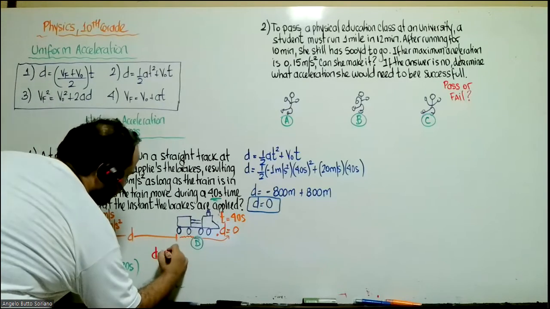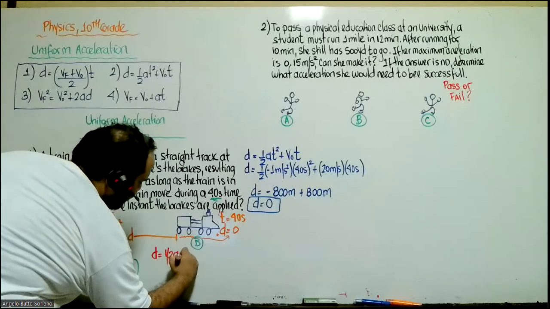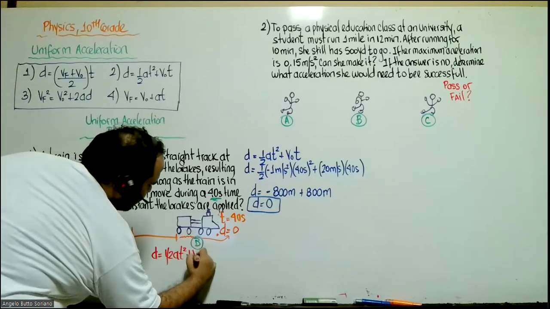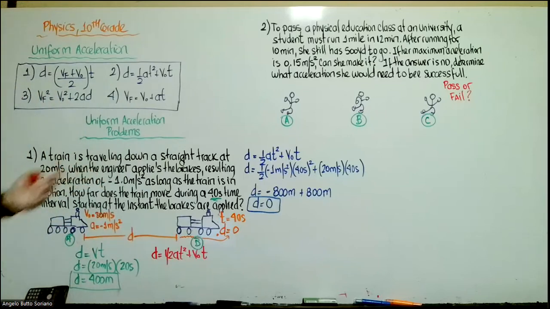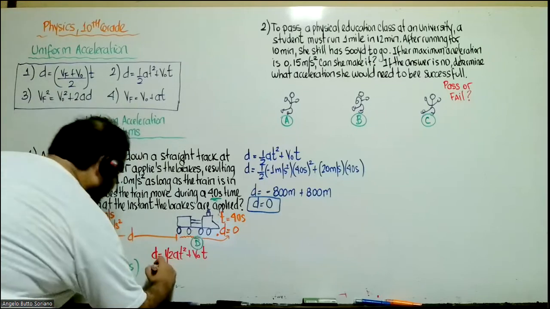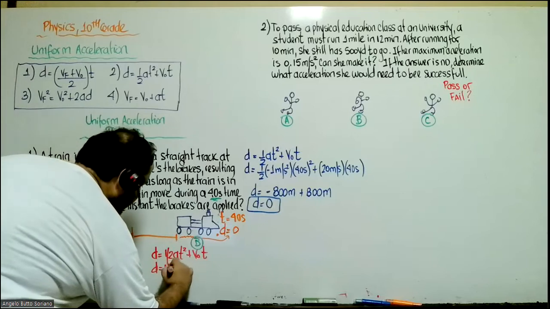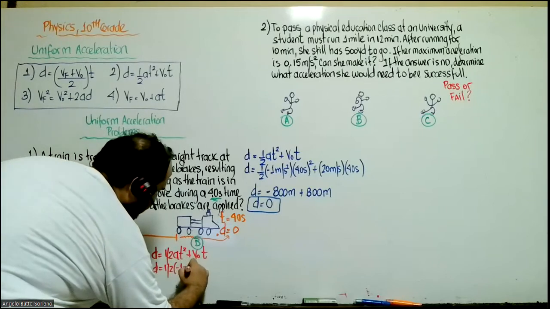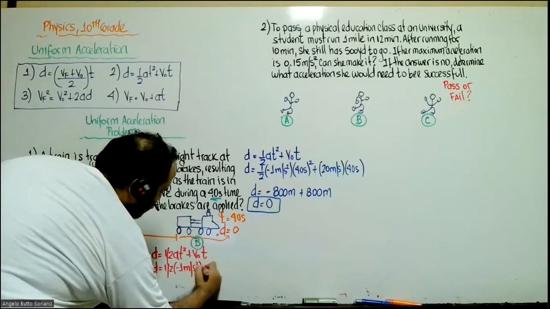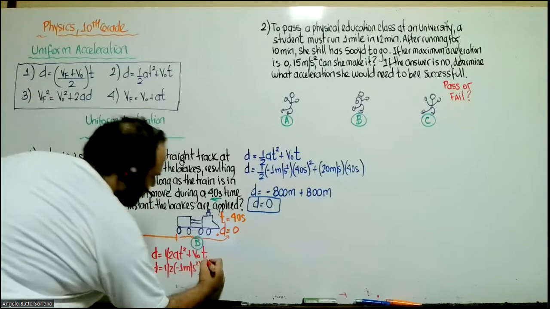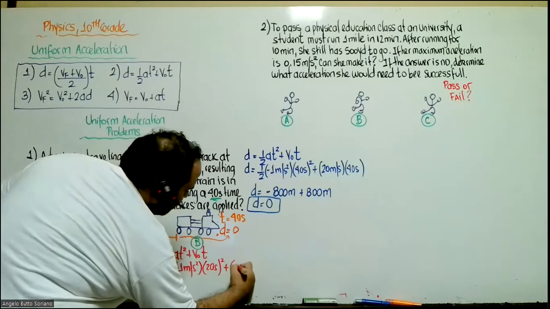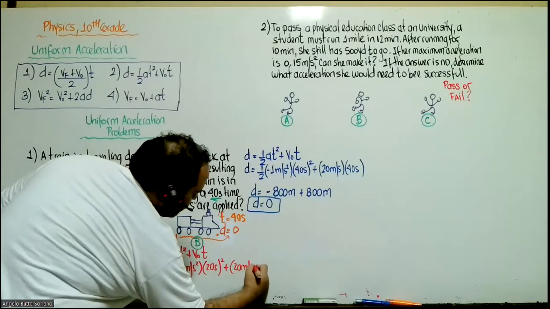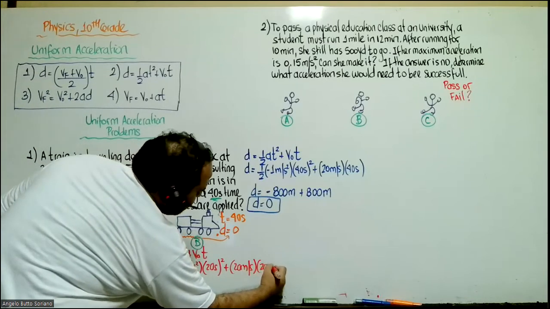Simple, instead of using a period of time of 40 seconds, I'm going to use only the second half, the last 20 seconds. So 1/2, the acceleration will be negative 1/2 meters per second squared. The period of time will be 20 seconds to the second power, plus 20 meters per second times 20 seconds.